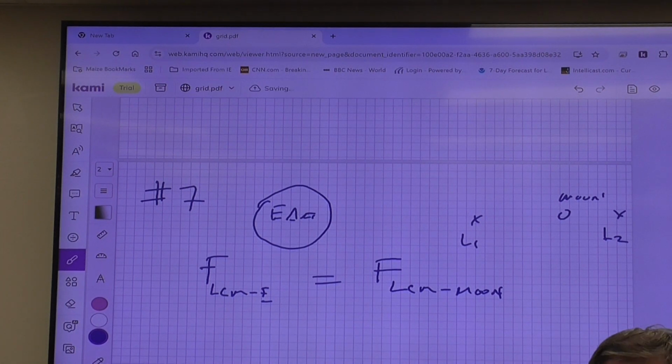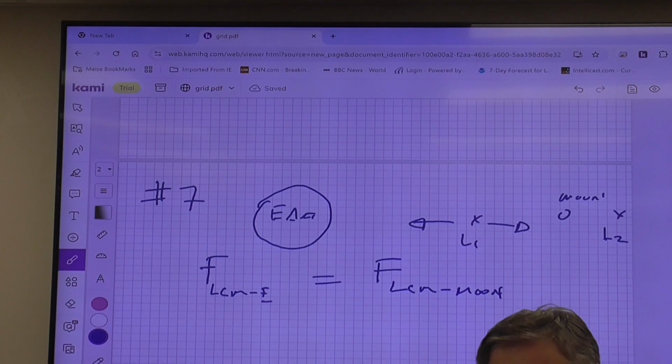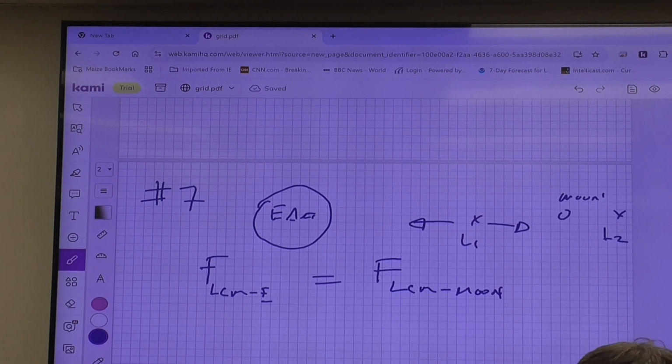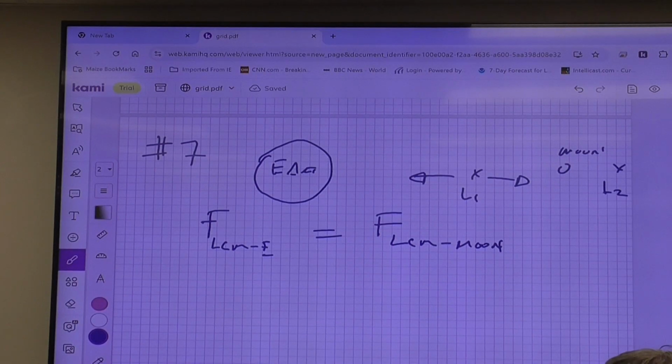At this L1, this is what's going to happen. The gravitational force towards each one is going to equal out. Got the idea? All right. So, you got to go old school Newton to start this problem.